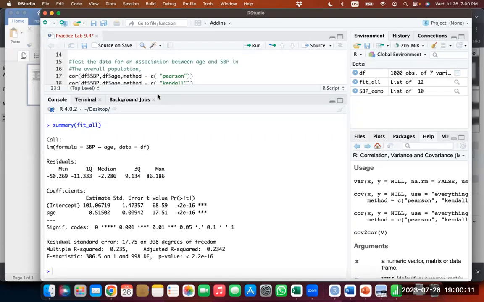So what do we have here? We have the formula, which we know. We have our residuals. Remember, a residual is the distance of the individual data point to the regression function, the least squares fitted line. The residuals are shown as min, max, first quartile, third quartile, and the median. What are we missing? What is the second quartile?